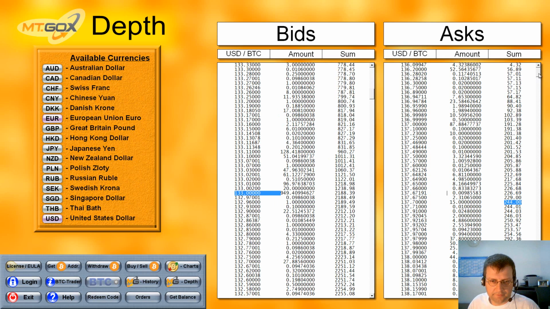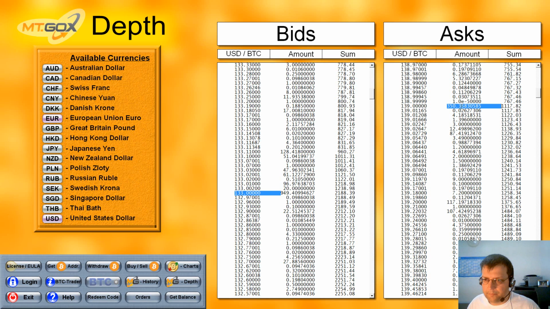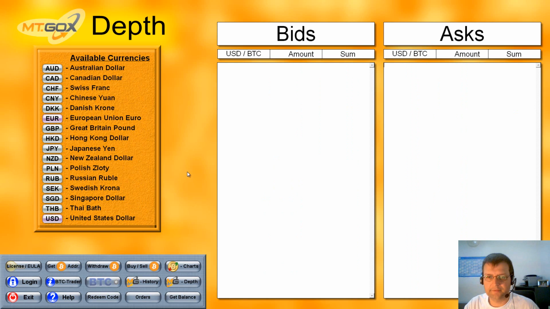And let us have a look at the asks. This is a 350 Bitcoin ask at 139. Just refresh the data in order to check if these bids and asks are still the current ones.